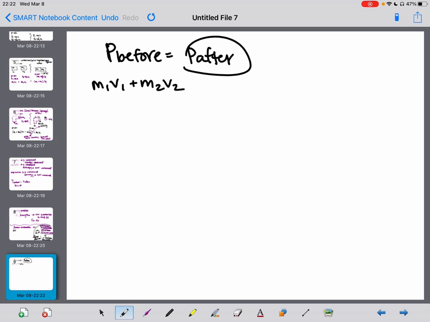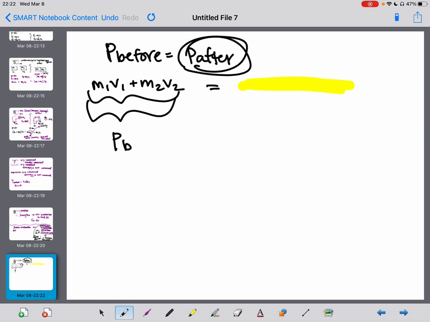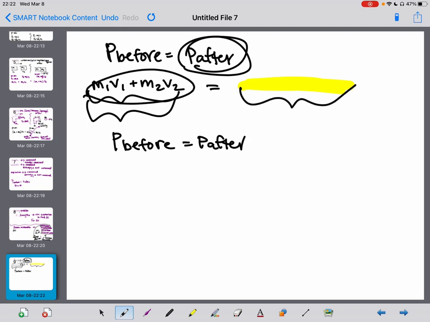So like example, they'll only give you this information and they won't even give you anything on the other side where I'm highlighting over here. And they'll say, well, can you find P after? All you have to do is this math because we know the relationship P before has to equal P after. Okay, and vice versa. They might give you information all on the right side and no information on the left side. That's okay because we have this relationship on page 6.